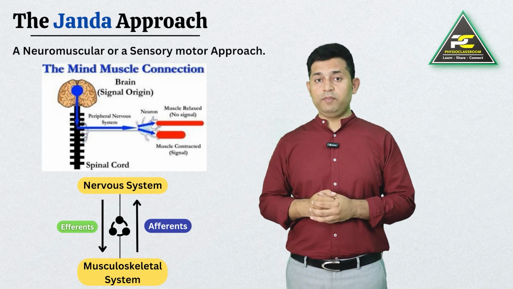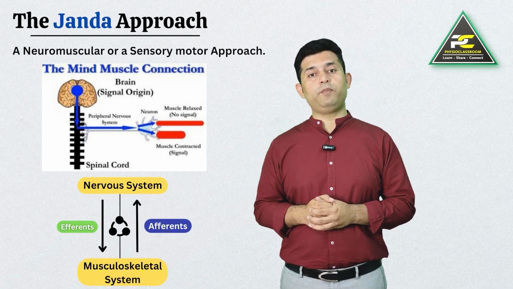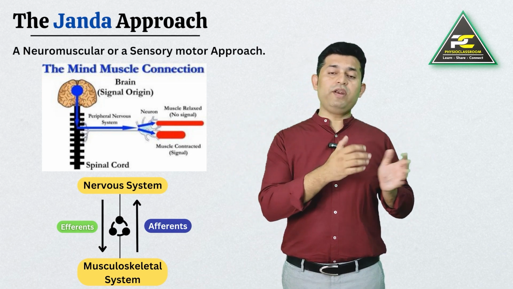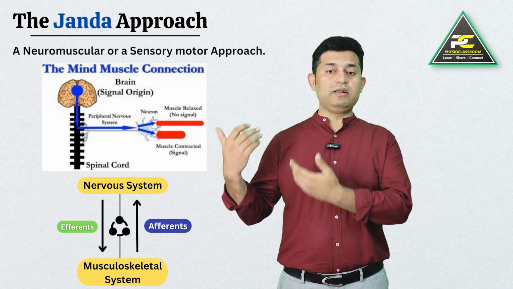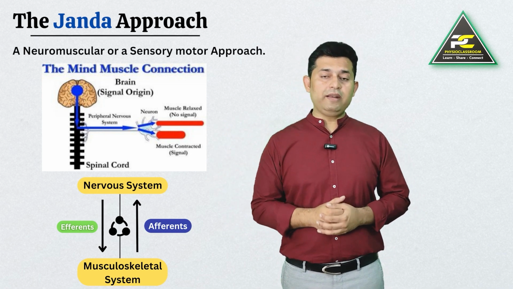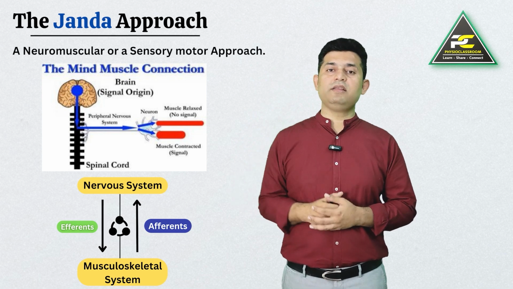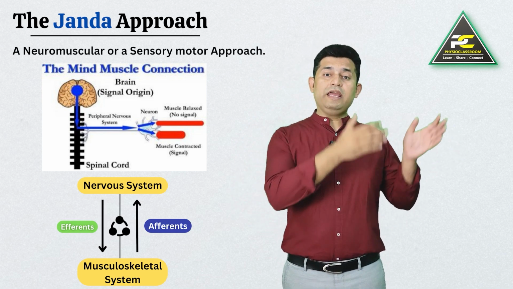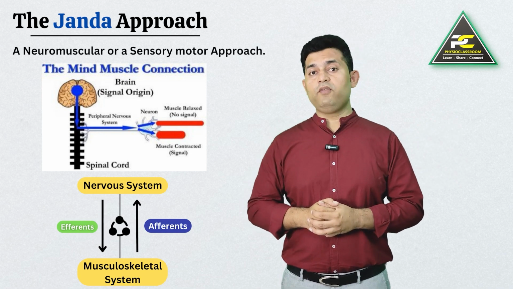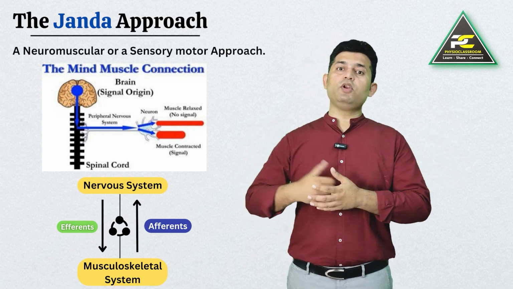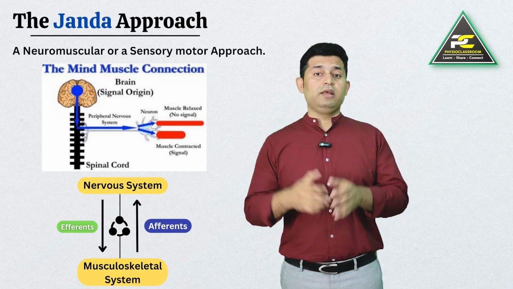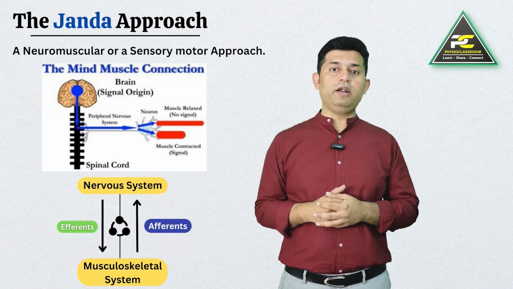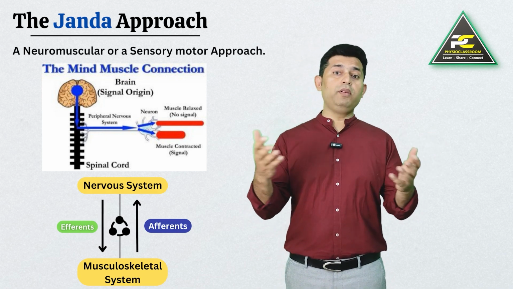At all times, for the maintenance of posture as well as for the production of purposeful movements, there has to be continuous afferent discharge from the musculoskeletal system, which is received and interpreted by the higher centers, that is the nervous system, and in response to those discharges, efferent motor output is produced, which is again received by the musculoskeletal system. This afferent and efferent connection and harmony is very important in the maintenance of normal motor function.